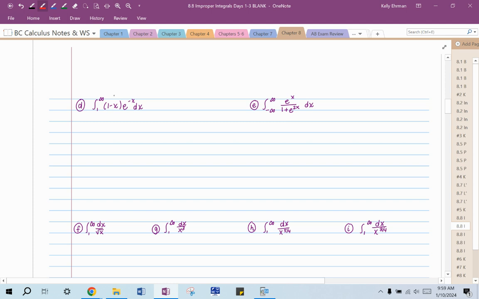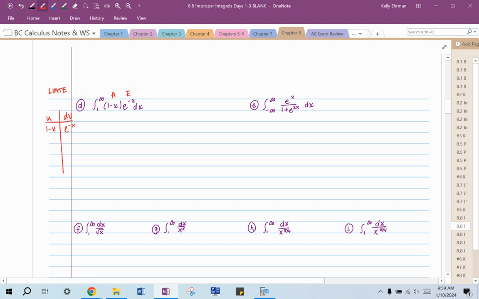I have the product of an algebraic expression and an exponential. And so this should be integration by parts using LIATE. So you can use either the formula or the tabular method, which is still the formula. You're just sort of shorthanding it, I guess. u needs to be the algebraic piece. dv needs to be the exponential.